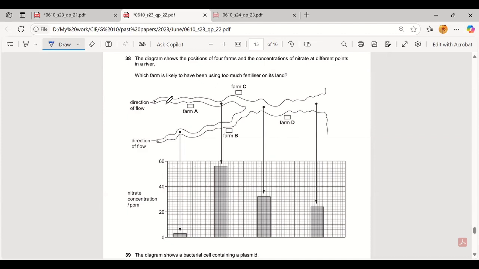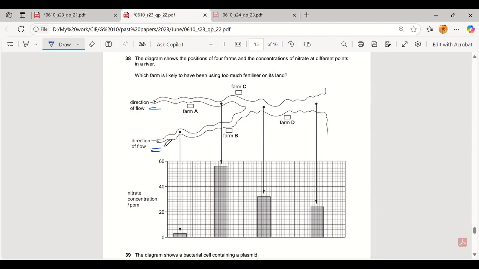Okay, look at the direction of the river flow, the water. Where is the highest concentration of nitrates, Michelle? Between which farms?